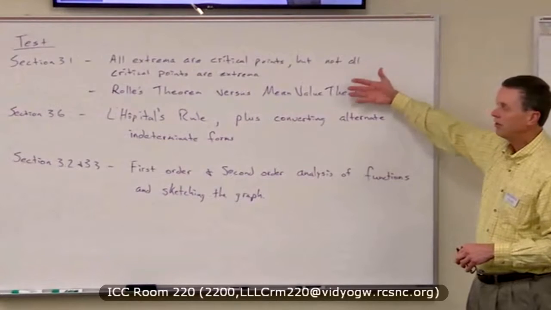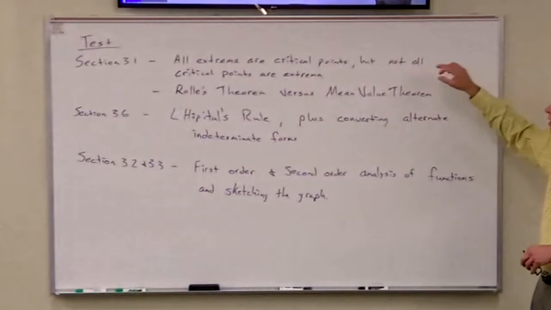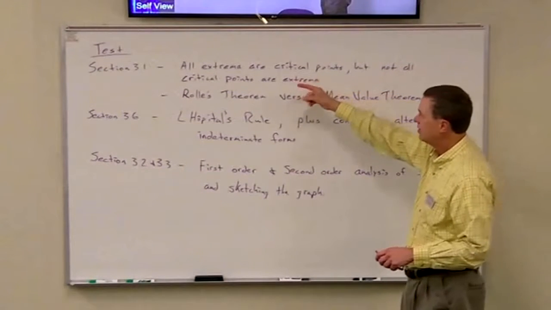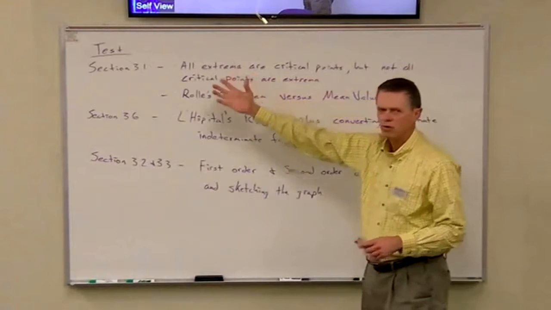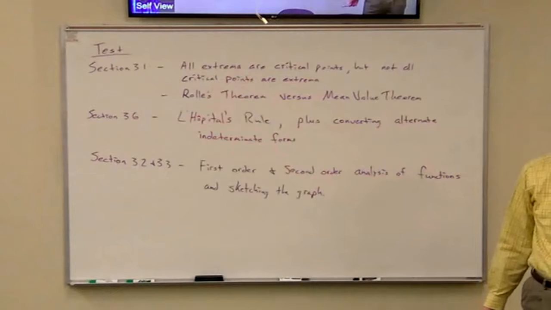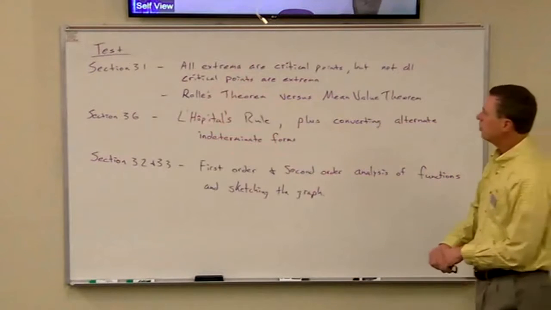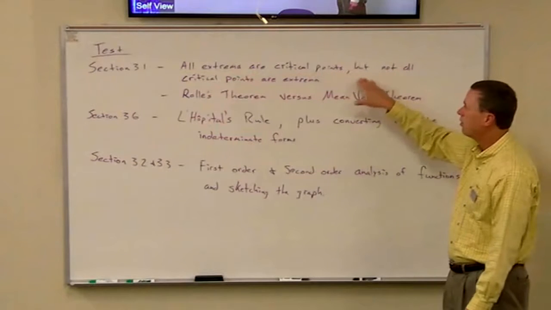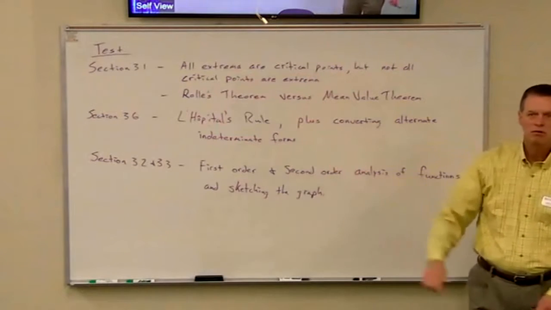We covered section 3.1 in your text. And the first theorem stated that, in effect, all extrema... what are extrema again? When we say extrema, what do we mean? Minimum, local, maximum. So all extrema will be among the critical points, but not all critical points are extrema.